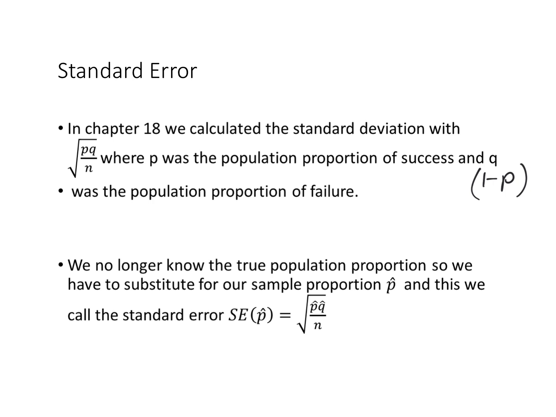We know what we got in our sample and we're trying to estimate that. So when we substitute P for P hat, our sample proportion, the calculation is now called standard error, because there's a little bit of error in there. We know that it's just based on our sample, not the actual population. The calculation is the same general idea though: square root of P hat Q hat over N instead of PQ over N.